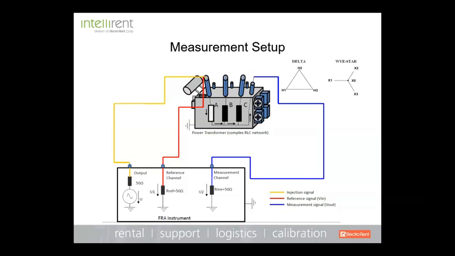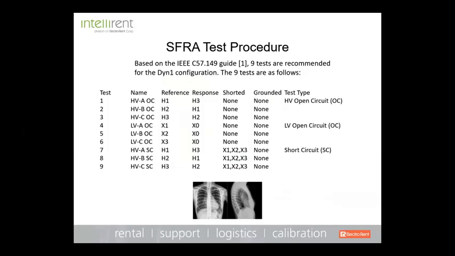Okay, the thing of it is with SFRA is that you have to do a number of dielectric tests depending on the winding configuration of the transformer. For instance, here, and again, this comes from C57.149. These are the recommended wiring configurations and tests that you do on a delta-Y configuration on a two-winding transformer.